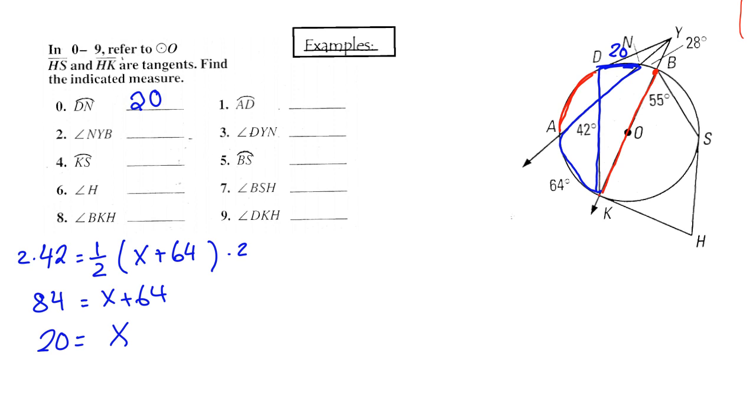I have this piece is 64, this piece is 20, this piece is 28. So the remaining piece would be 180 minus the sum of all of those pieces, which is 20, 28, and 64. So arc AD is equal to 180 minus 64 minus 20 minus 28, which is equal to 68. So the measure of arc AD is equal to 68.